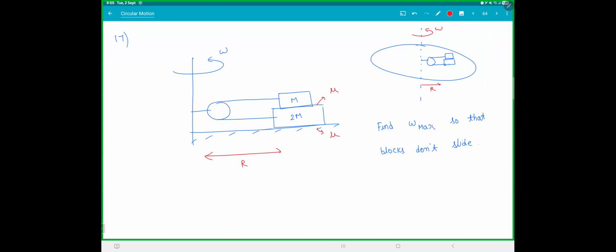If there were no friction everywhere, observe this thing. This centrifugal force will be 2M omega square R. This centrifugal force will be M omega square R. That means the tendency of the blocks to move, 2m will try to come out and m will try to go inside, isn't it? Do you guys agree? If there is no friction anywhere, the 2m block will have more centrifugal force. So that will actually try to come out and the block m will try to go inside.